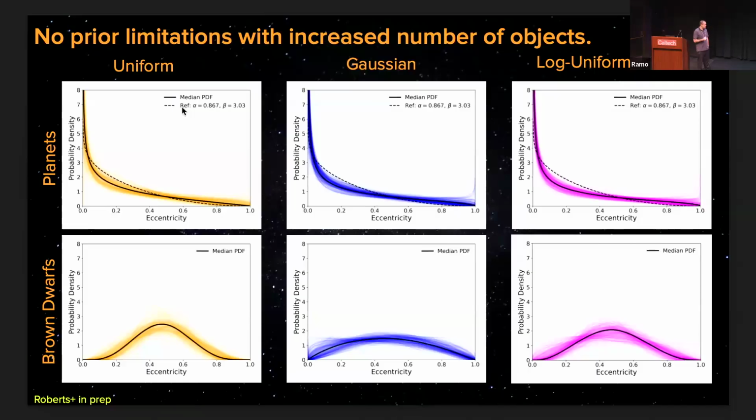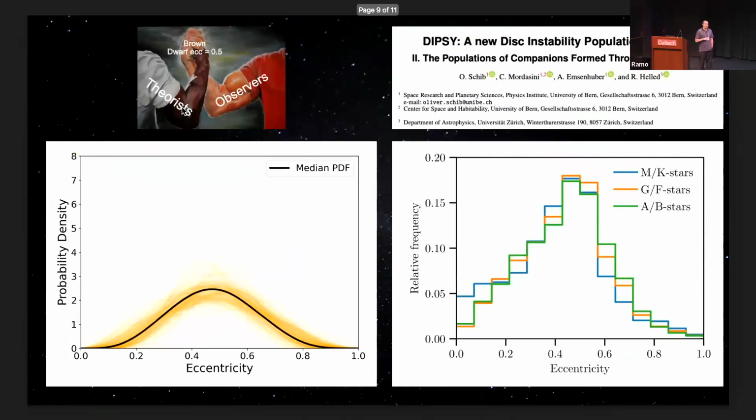So green check mark for me. Okay, I didn't discover something totally random. But for the brown dwarfs at the bottom row here, I wonder if some theorists somewhere have ever tried to match this.